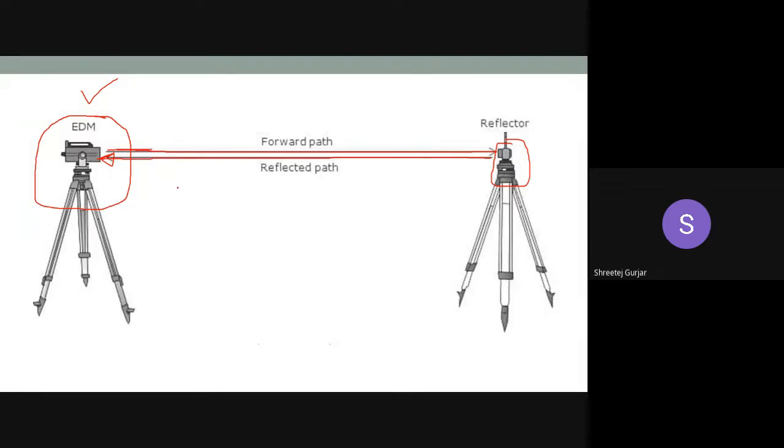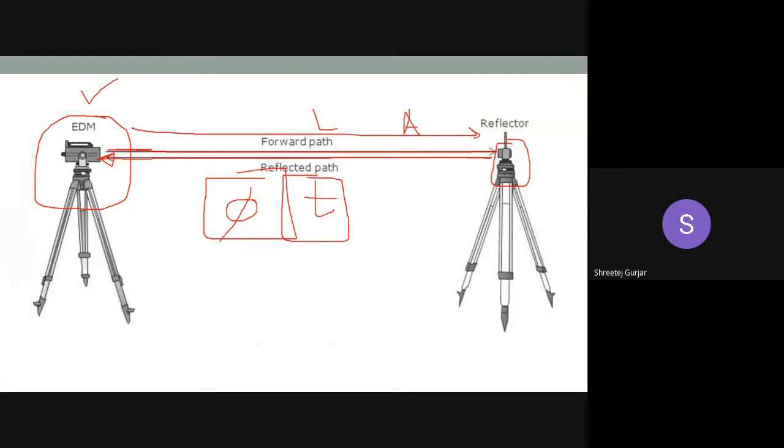It measures the time, it measures the phase difference, and it calculates the length, based on the phase difference and the time interval taken by the wave to go and come back.